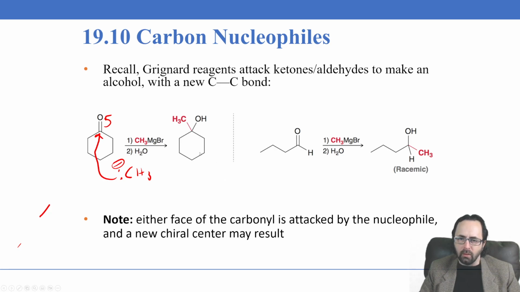And remember, this has been a common thread throughout this chapter. When they produce a chiral center, that carbon will have a mixed R and S configuration, or you have a racemic product because of the flat nature of the carbonyl. So the nucleophile can attack with equal likelihood from the front of this carbonyl or from the back.